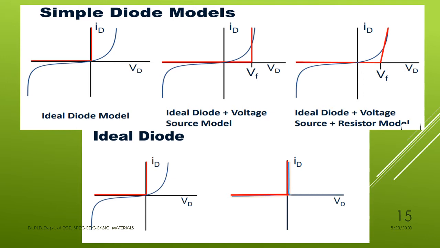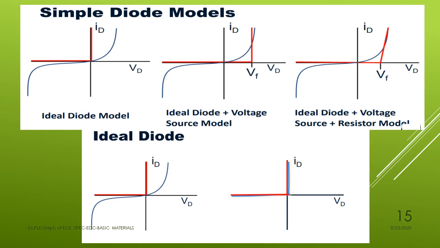Now the ideal diode plus voltage source model: if some voltage source is connected in series with the diode, then the forward voltage starts only after crossing this voltage source. Forward current starts to flow only after crossing this voltage source. While varying the input, whenever it crosses VF, the forward voltage, which is the voltage source connected in series with the diode, the current starts to flow.